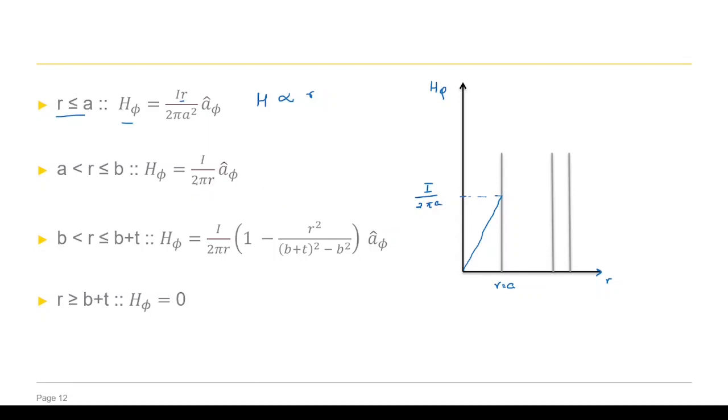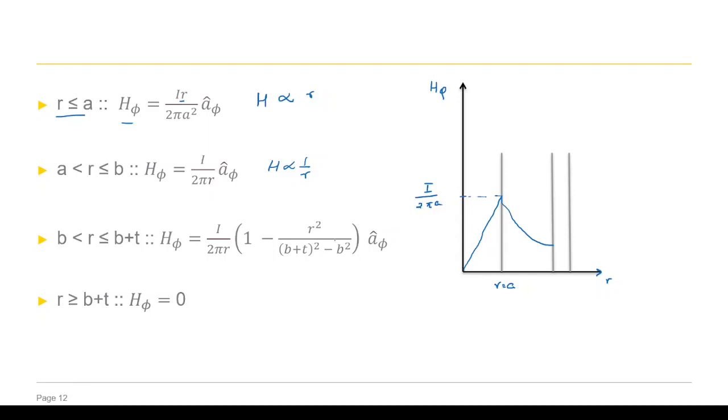Moving further out, we see that in this case H is proportional to 1 by R, or inversely proportional to R. That is, as we move out of the inner conductor, the magnetic field intensity is going to reduce as 1 by R. And as we move further out into the outer conductor, the proportionality is more complex but significantly reducing.